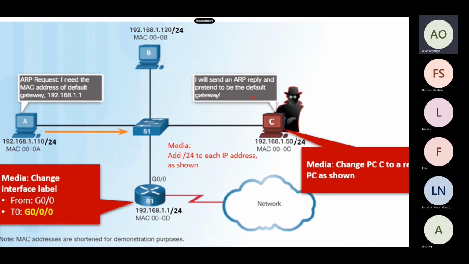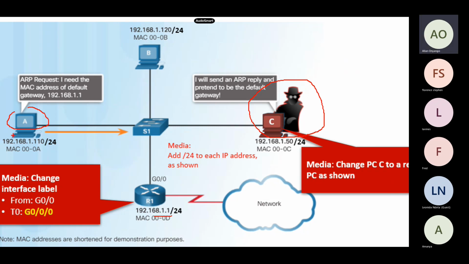Normally, in any diagram you see, and this simulates, of course, a hacker or a bad guy, or a bad lady for that matter. Let's say that this honest PC here, PCA, at an IP of 192.168.1.110, wants to send an ARP request to learn the MAC address of the router, which is at 192.168.1.1.